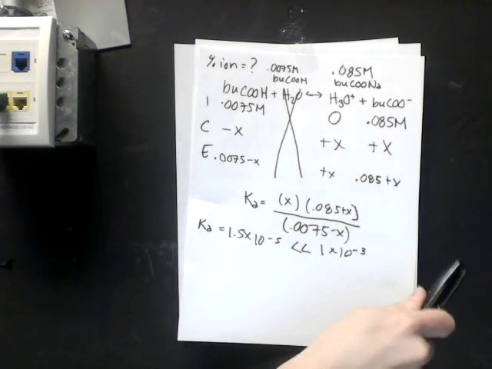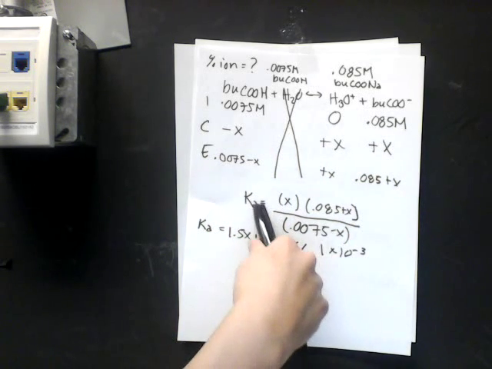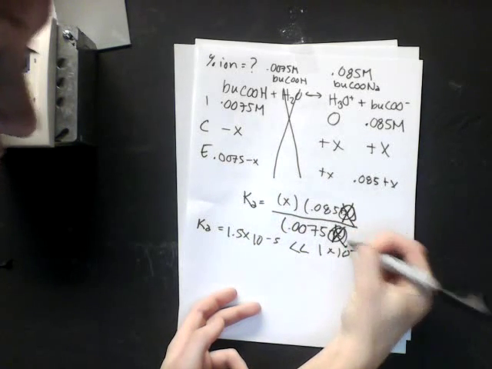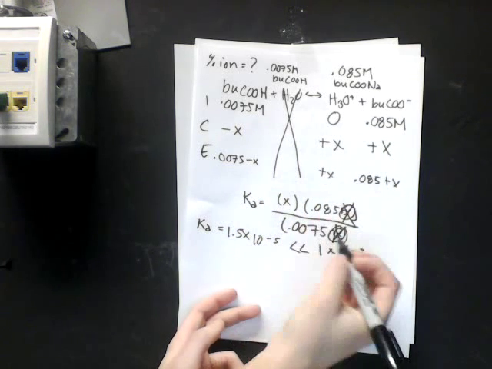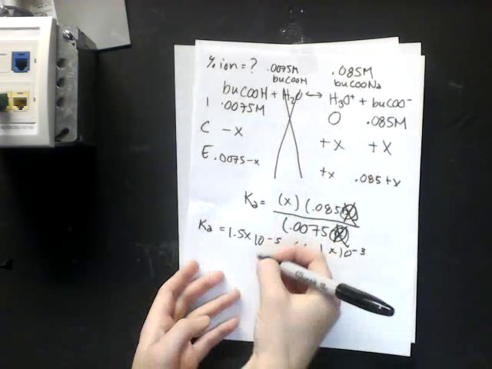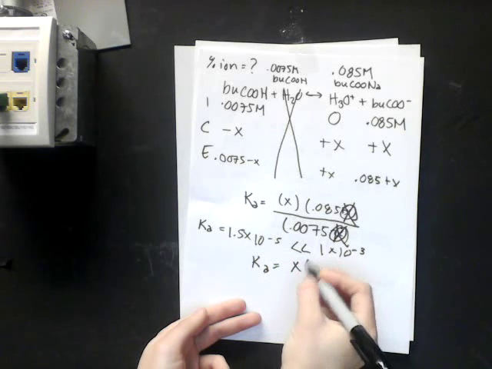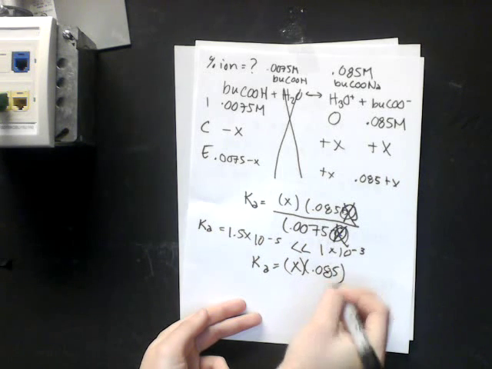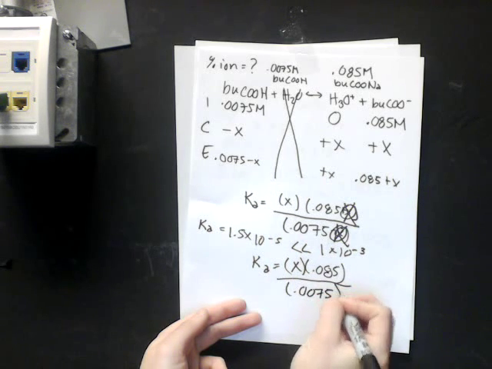What is part of this rule is anything added and anything subtracted. So my Ka expression can get rid of both this and that. Besides adding this here, this is another big trick to this problem. So my Ka expression ends up looking like X times 0.085 divided by just 0.0075.